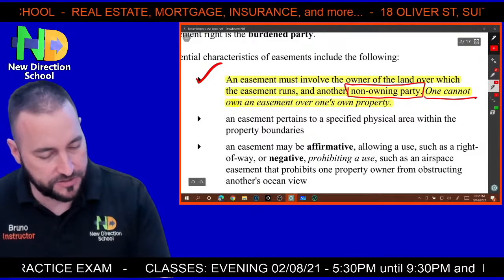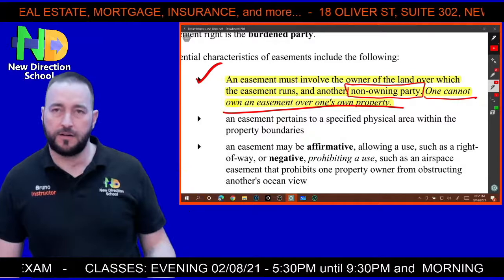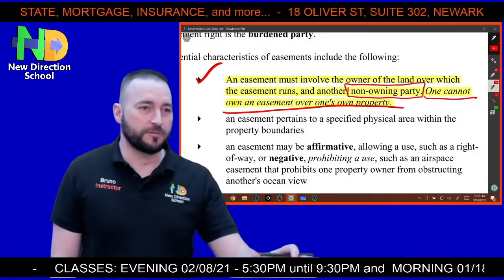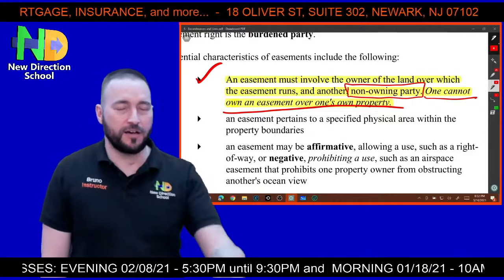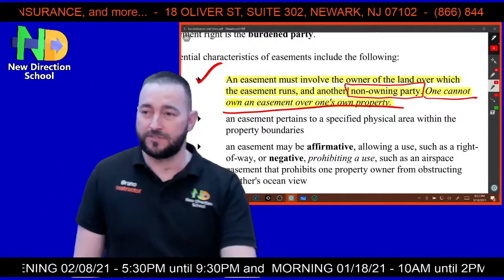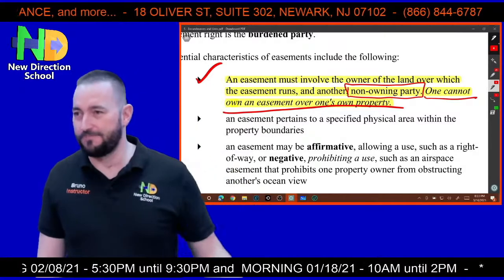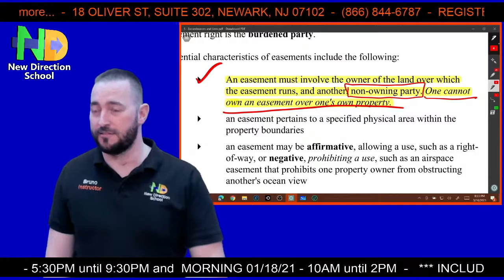It's common sense. You cannot own an easement over your own property. I know we've all heard the term that some people need to ask permission for one foot to move the other, like, hey, could you mind moving? That means people that don't do anything. You're lazy.